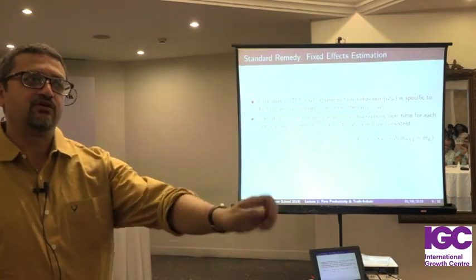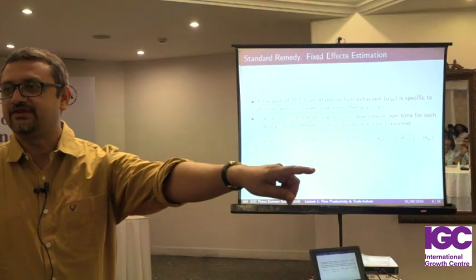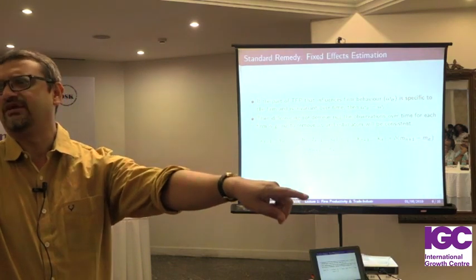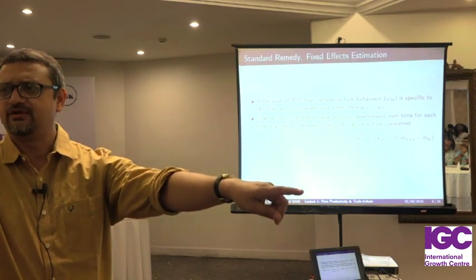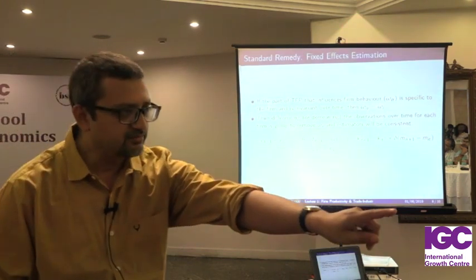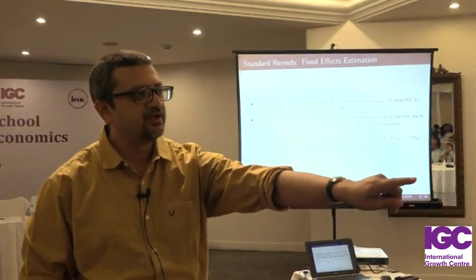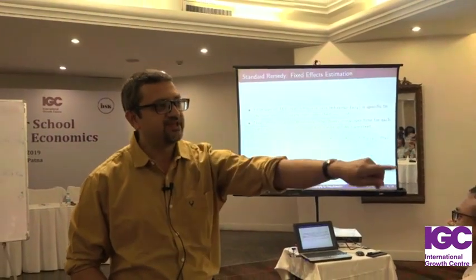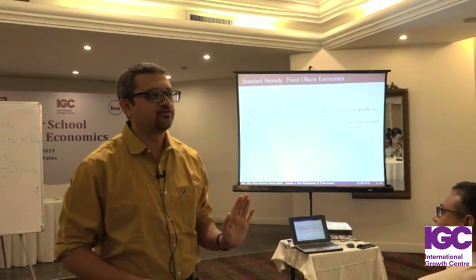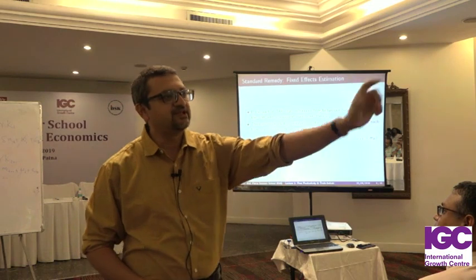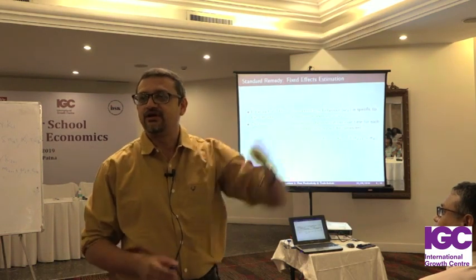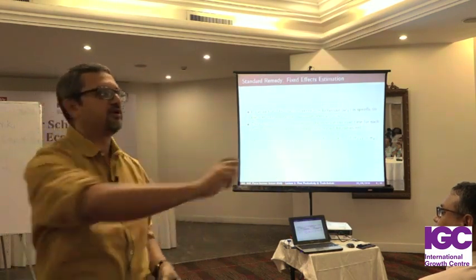You have said, well, if I compare your firm's L with his firm's L, but you guys are different because your omega I's are different, right. I will not do that. I will take him and I will follow his firm today and tomorrow, and if his L changes, then that is not because of omega I. I am going to see if his L changes, how does his output change, right. I do that for each person.